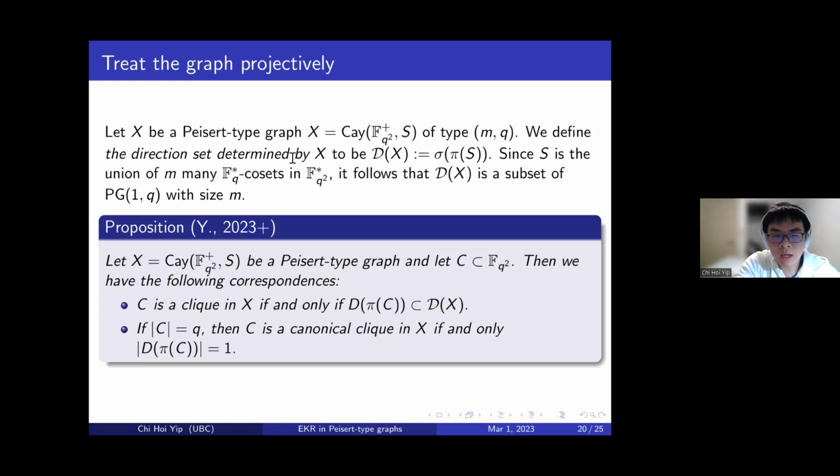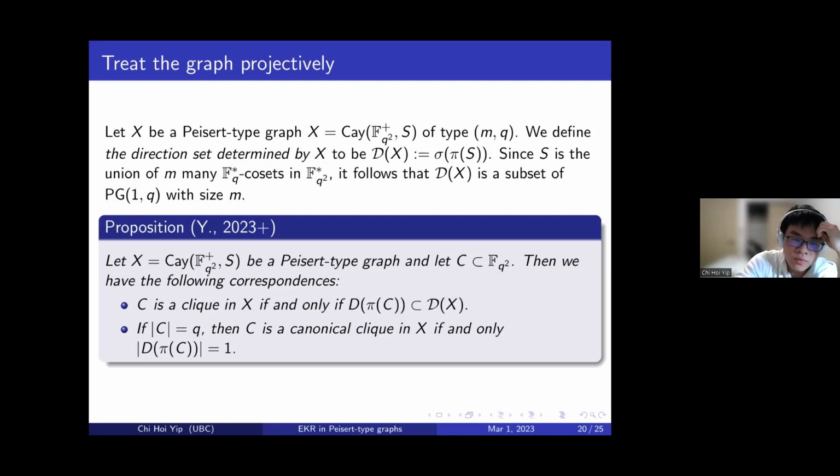And the reason I do this kind of nonsense is the following proposition. It says that if we have a subset of vertices, then C is a clique if and only if the direction set determined by the embedding of C is contained in the direction set determined by X. Somehow this makes sense.